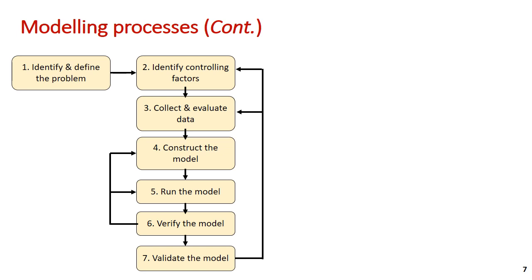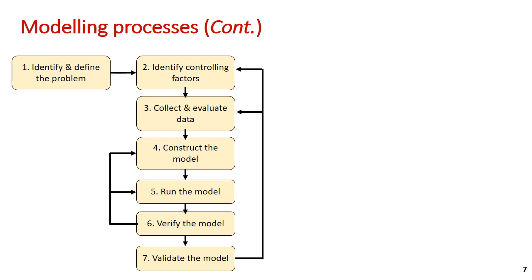Next, you go to your model, or to the software, and start constructing the model. Then you run the model and get results. And then you look at those results, whether they make sense or not. This process is called verification. So if your results are okay and make sense, you can move to the next step.